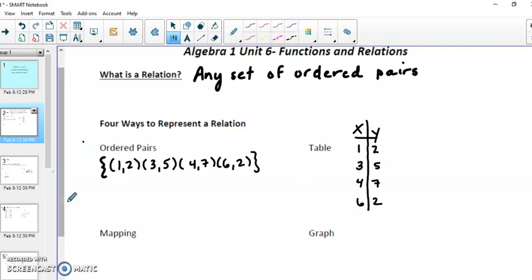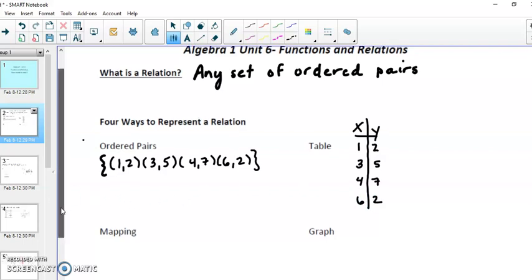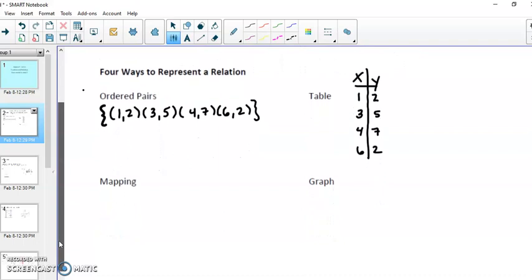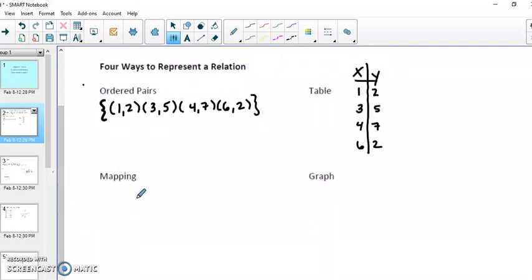We're going to represent the same set of numbers using a mapping. A mapping is a little bit different. Math teachers either use ovals or long rectangular boxes. I usually wind up with a messy looking oval. And then we make another one to the side. So a mapping goes like this.